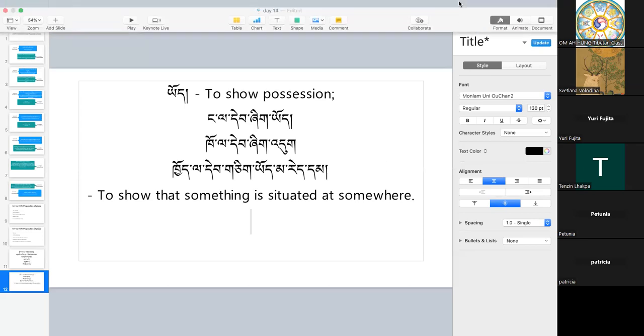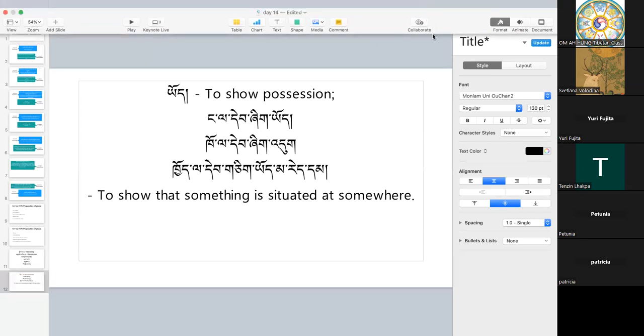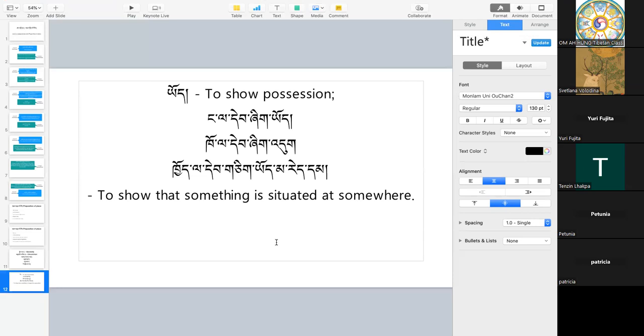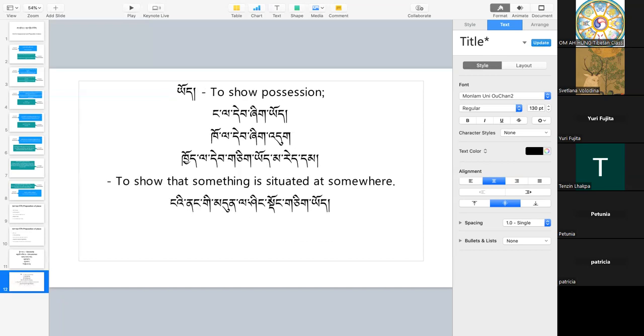For example, there is a tree in front of my house.